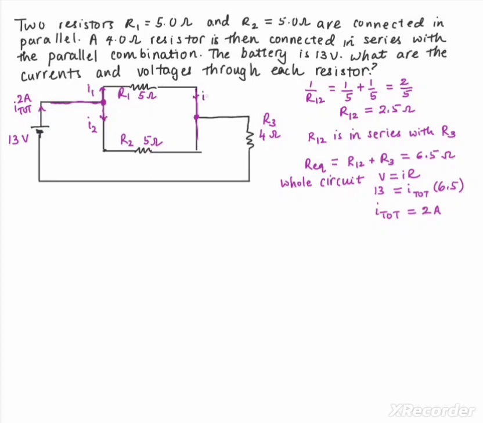So I1 comes back down here and I2 goes through R2 like that. And then we are back to I total. So you see that R3 is getting the I total value. So R3 is getting 2A. So that is our current through R3.